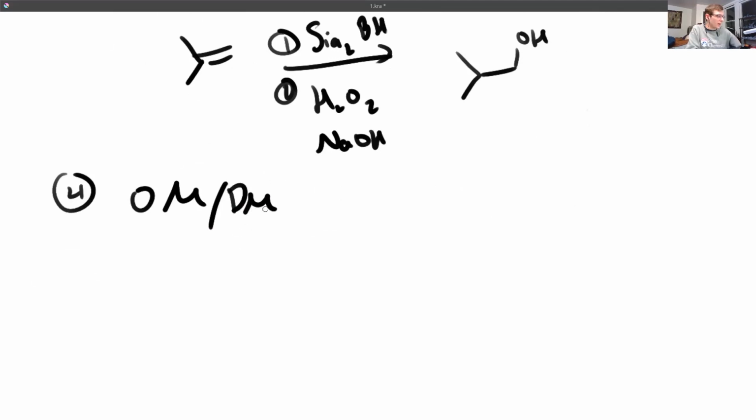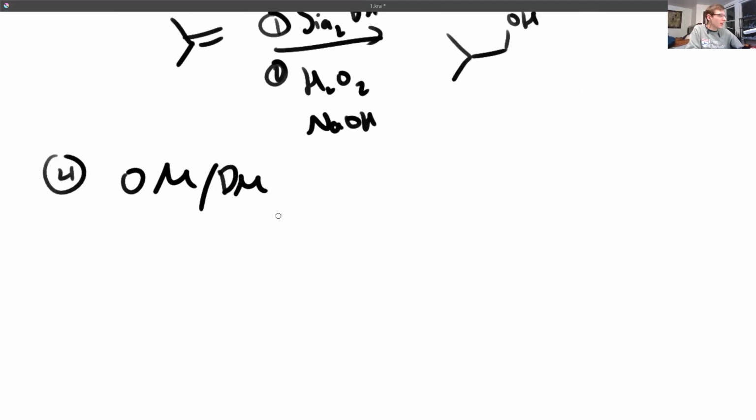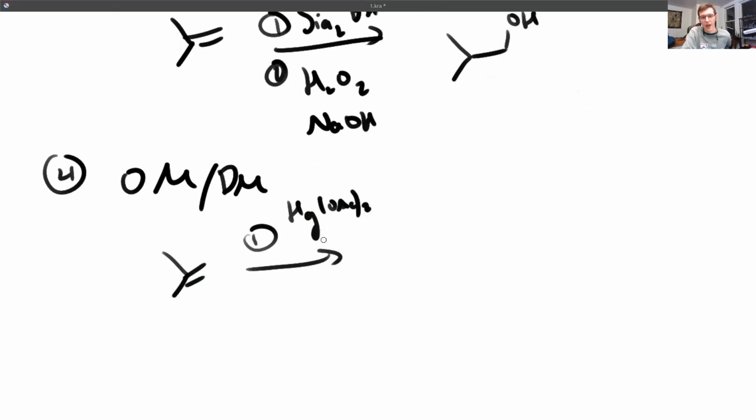So that is a good choice. Why don't I just draw the same one then? And here, don't forget your reagents. So it's mercuric acetate here. And then you need water also.